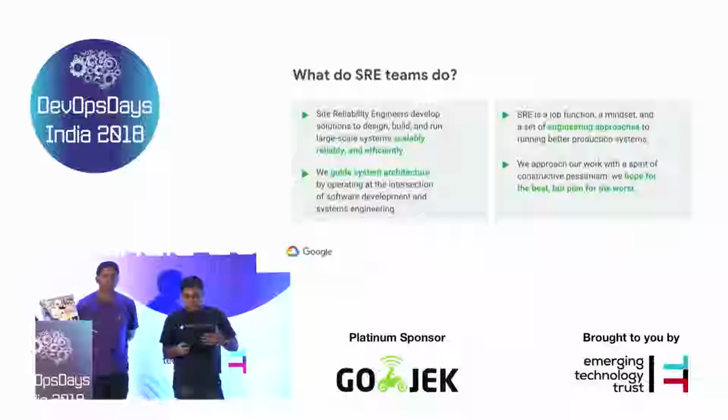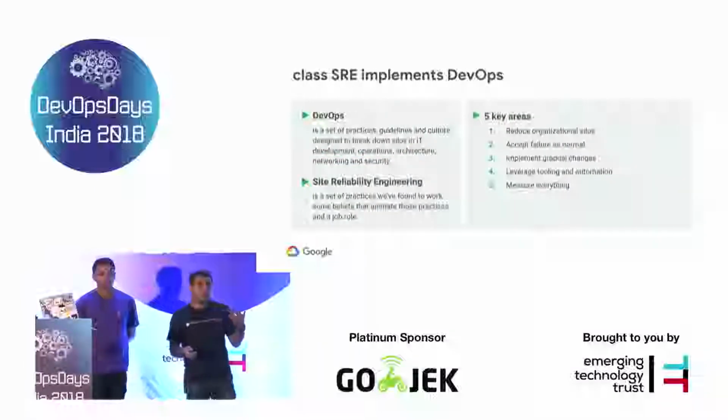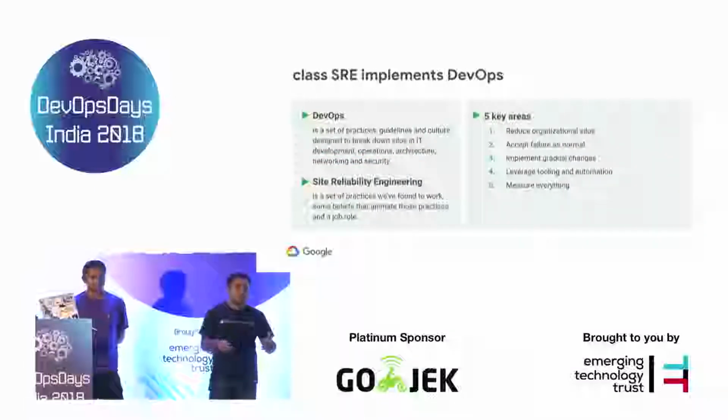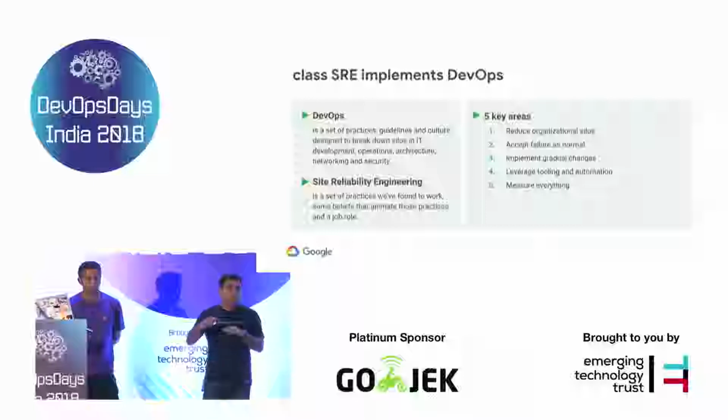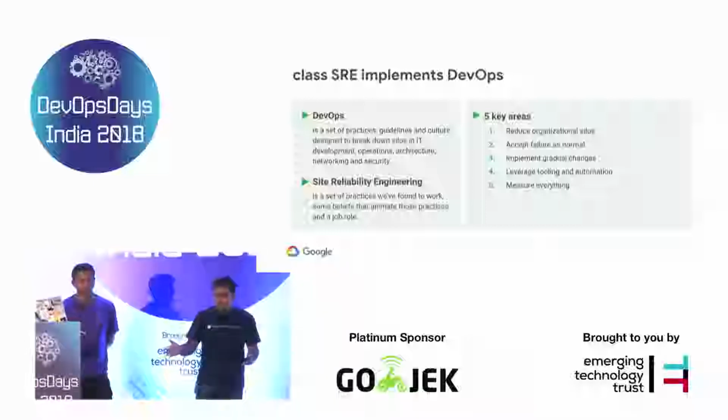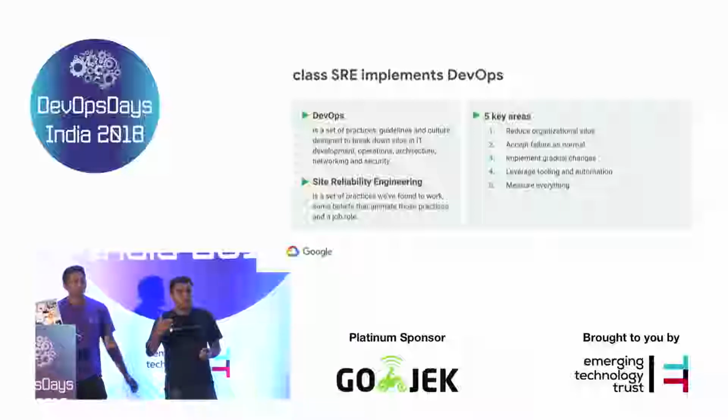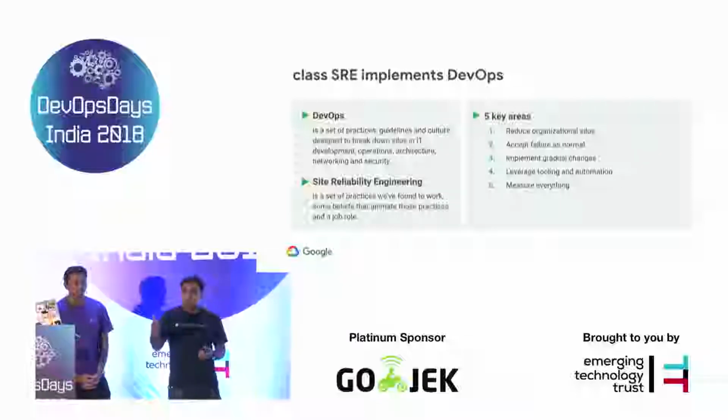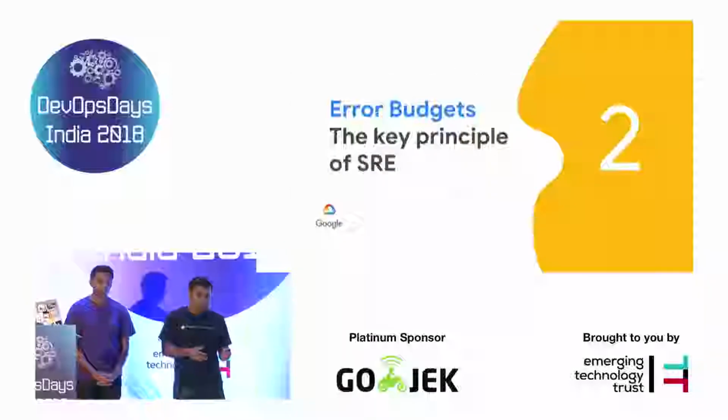So if DevOps is a set of practices and guidelines, SRE is an implementation of those principles and guidelines in a particular job role. And again, the key areas of focus for SRE remain the same. During this talk, you will see how these 5 key areas are implemented from an SRE perspective.